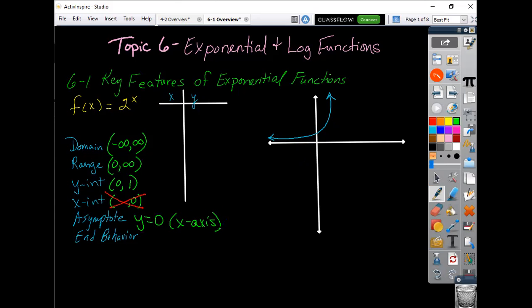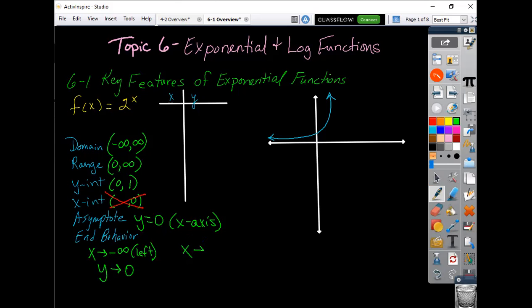And then the end behavior, as you go out here to the left, so as x goes to a negative infinity, that'd be like to the left, the y is approaching 0, the x-axis.